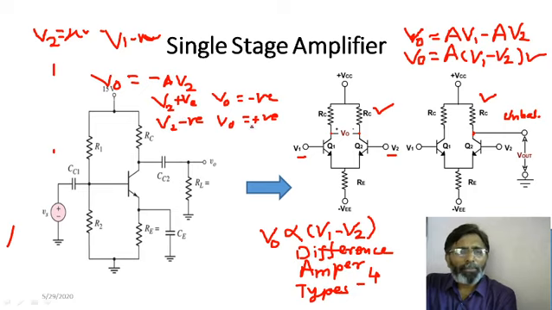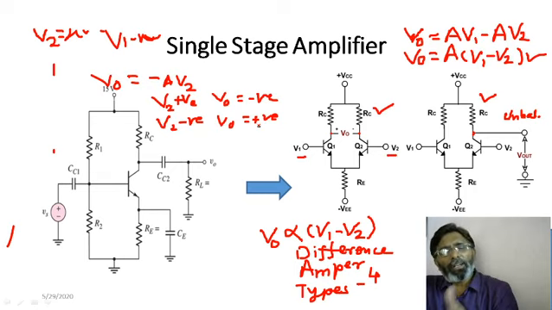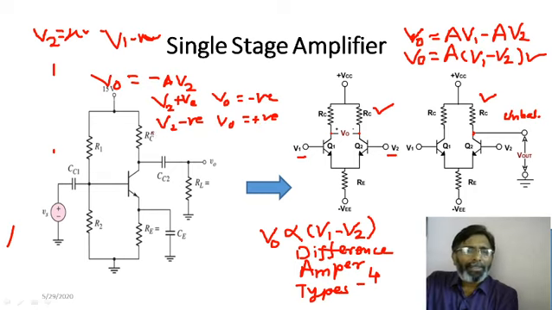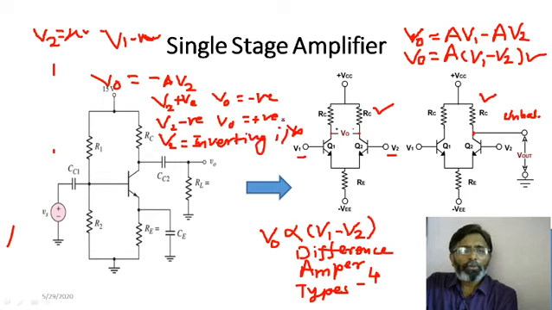If I am applying negative input, my output is positive. Means my input is getting inverted at the output. So, that is why this V2 is known as inverting input.